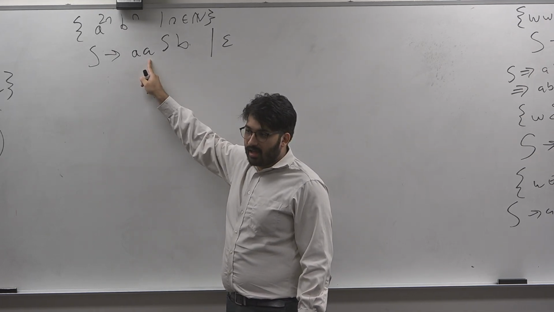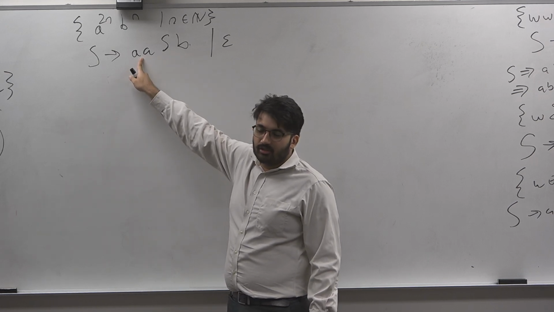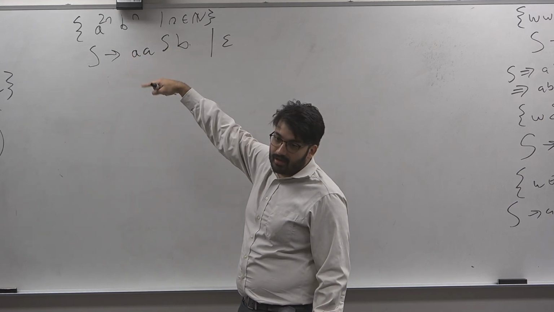Every time you add a B on the right, you'll add two A's on the left. So you'll have A to the 2n, B to the n.